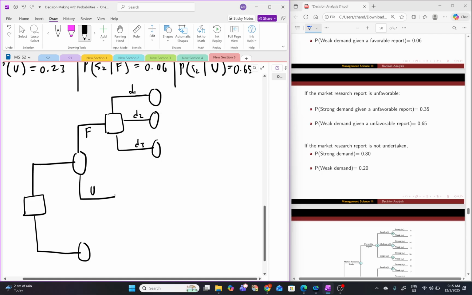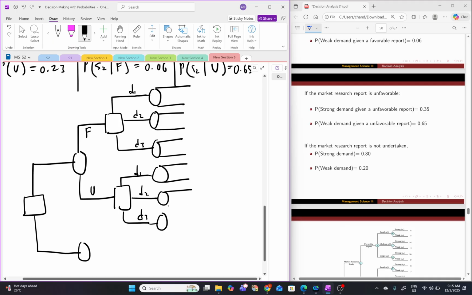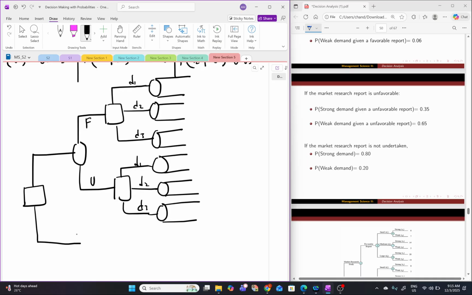Kalau unfavorable, setiap ni ada 2 cabang. Don't sketch, yes, hold on. And there's another one, last one. I put it here.